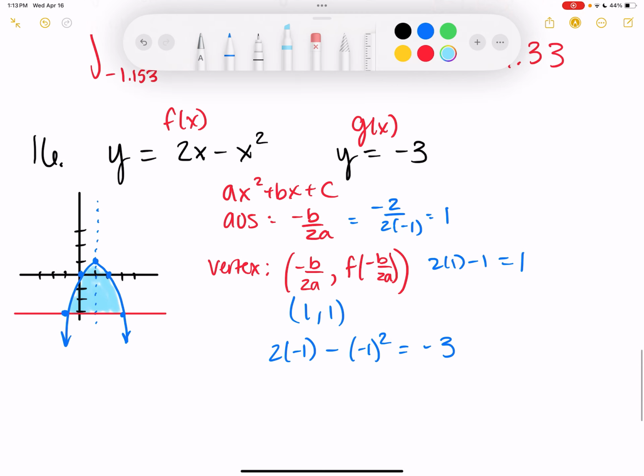Alright, so now what would the interval be where these things are intersecting? From what to what? Negative 1 to 3. Yep.